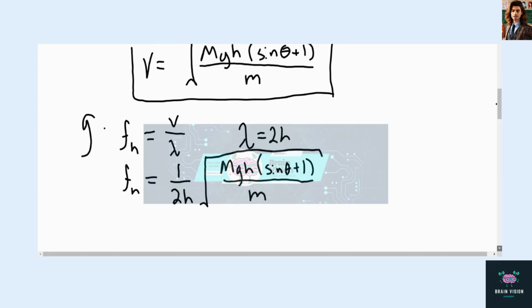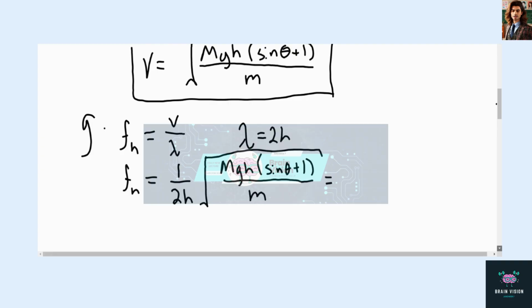And we'll complete the square root there. And we can start simplifying this a little bit. So we have an h inside the square root in the numerator, and then we have an h outside the square root in the denominator. So we can bring that h into the square root in the denominator as an h squared.